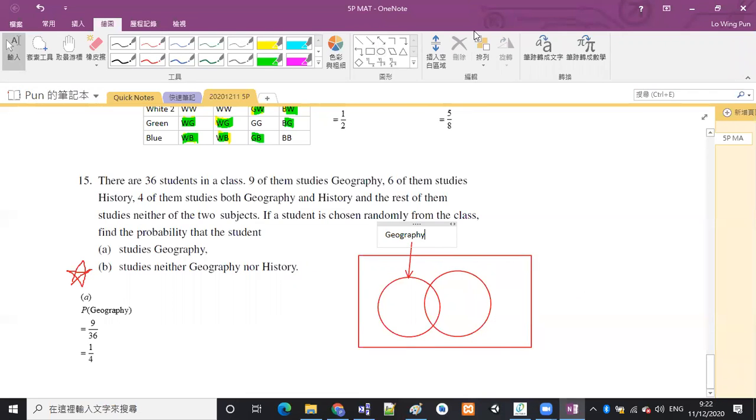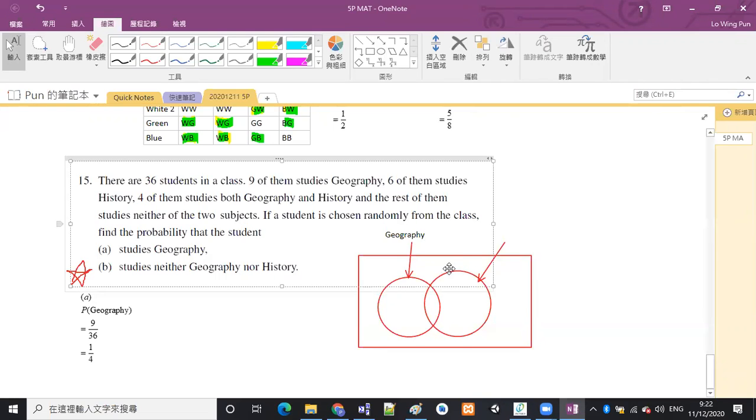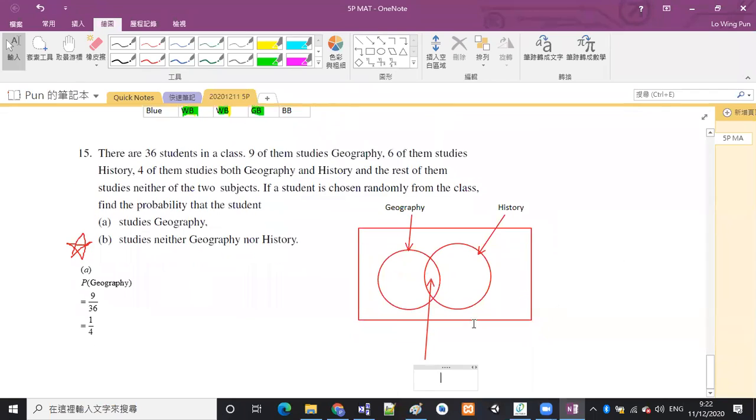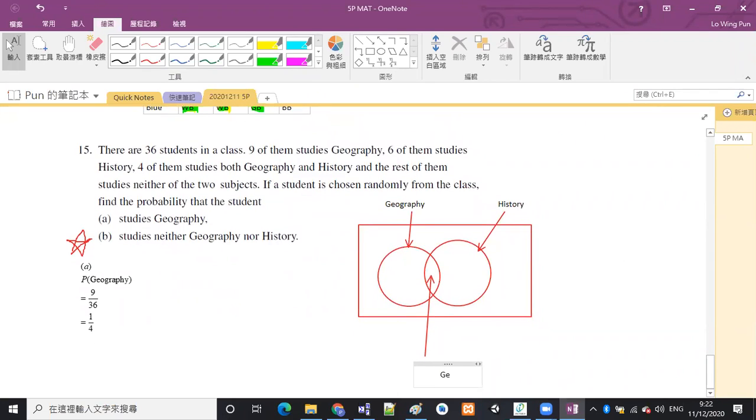And then this one studying history. Do you understand? And what is the common part? The common part will be studying geography and history. Can you get the idea?